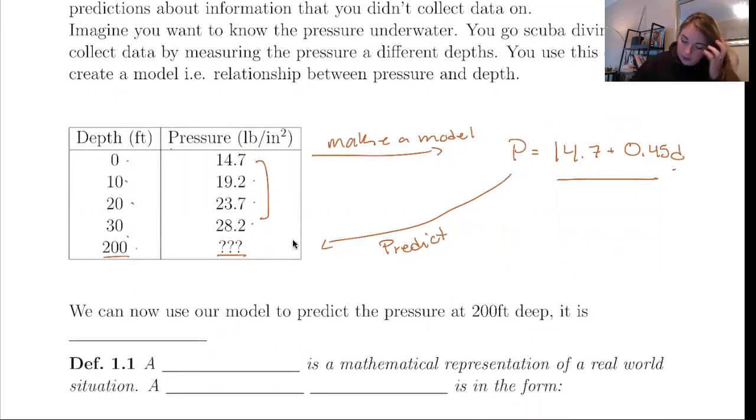If I want to know at 200 depth, I would put 200 instead of the letter D, so that the pressure would be 14.7 plus 0.5 times 200, which would equal approximately 104.7.